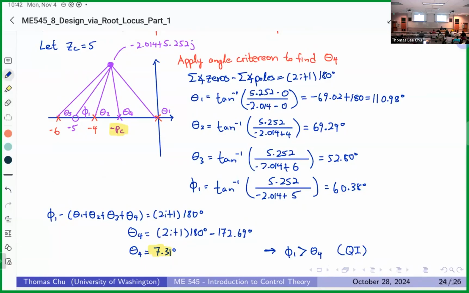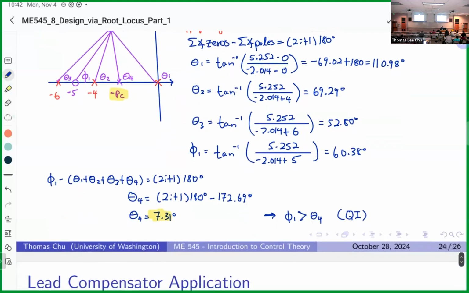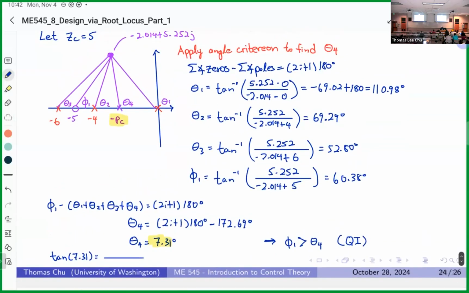So from that point on, we now have to find the pole location. I guess what we do is we just say tan of 7.31 degrees is equal to the evaluated position, which is 5.252 minus 0, because the pole is on the real axis, it doesn't have a height, divided by -2.014 minus PC.